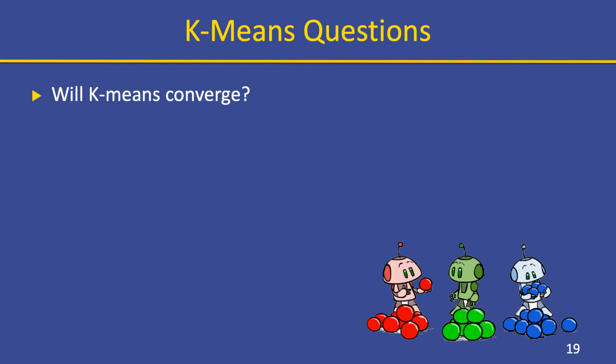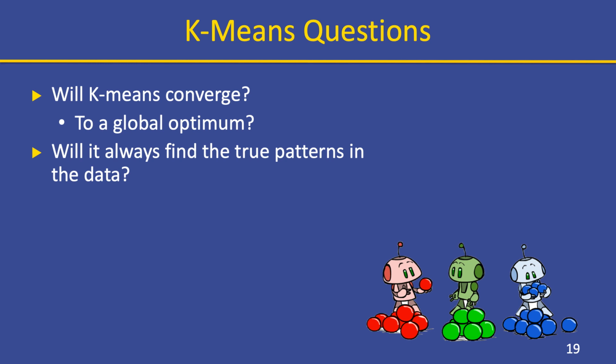So here are some questions to ask about our k-means algorithm. Will it converge? It usually converges relatively quickly, but it does not always converge to what we have in mind. Will it always find the true patterns in the data? The answer is no. But what if the patterns are very, very clear?